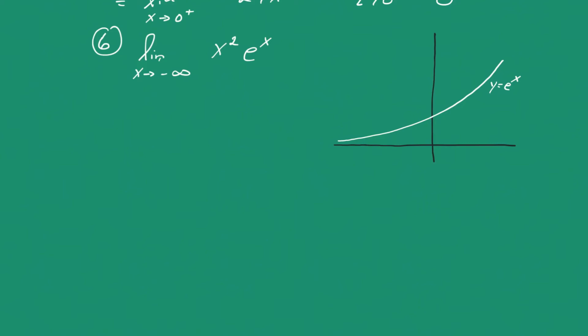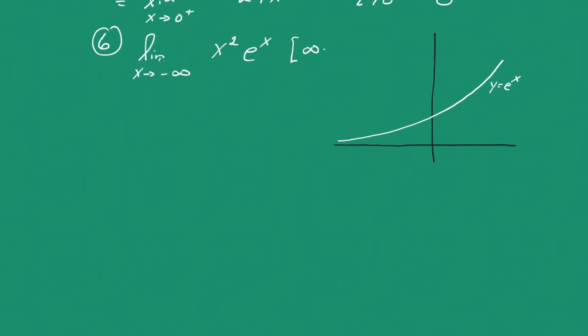It's the limit as x tends to minus infinity of x squared times e to the x. So what type is this? Well, as x becomes large and negative, x squared becomes large and positive. So the first term is tending to infinity, and as x becomes large and negative, what happens to e to the x?